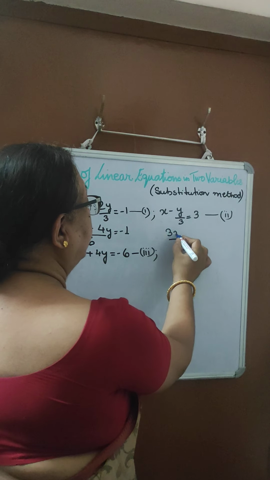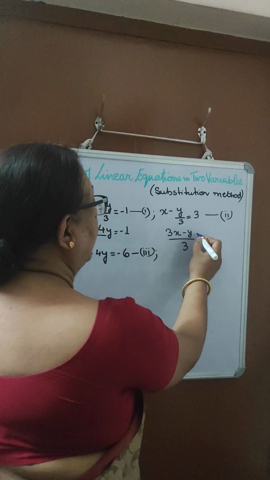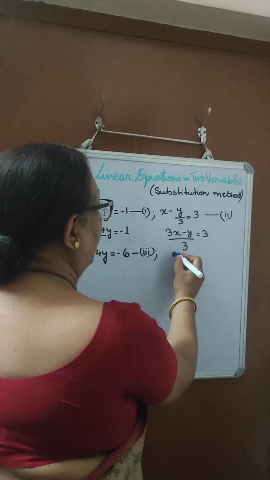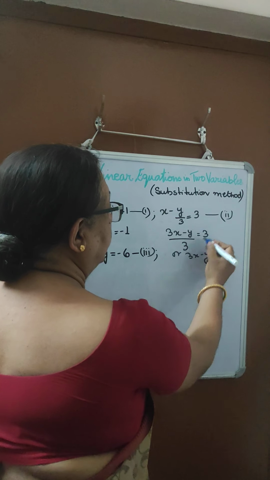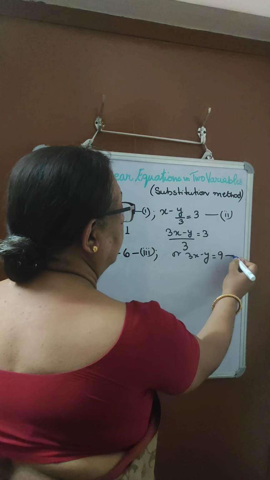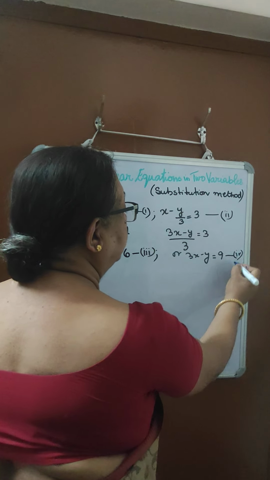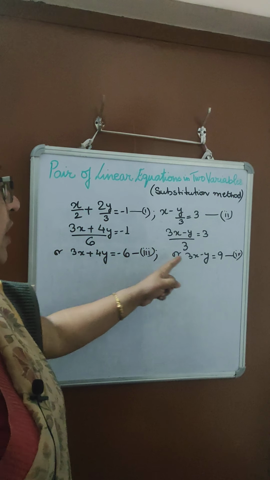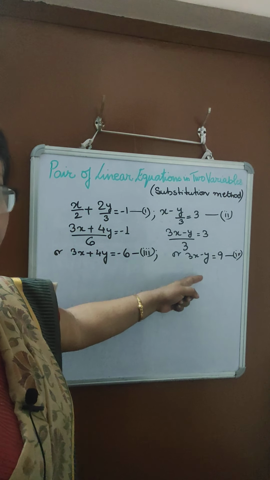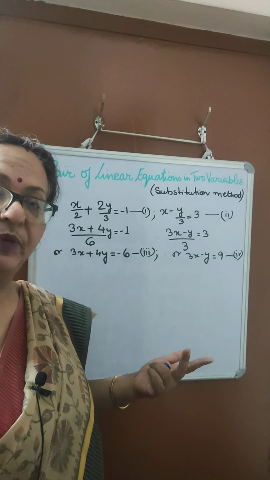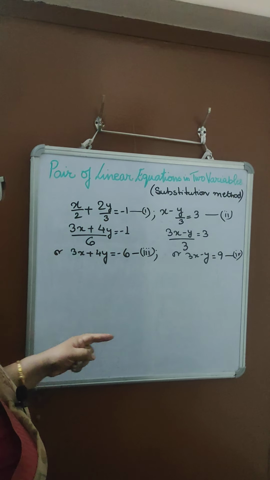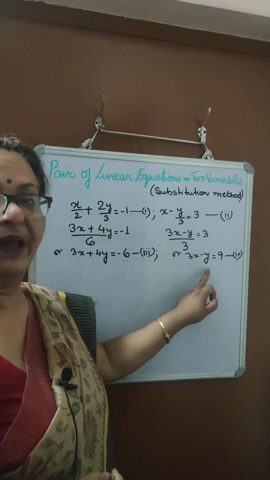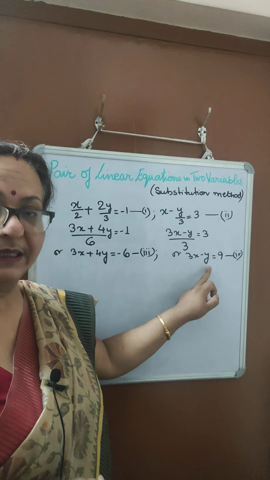So you have 3x minus y equal to 3, or 3x minus y equal to 3 into 3, 9. Put this equation number 4. Now we have equation 3 and equation 4, and as before we will solve them by substitution. Okay, so I think if we find the value of y from here, that will be easy.